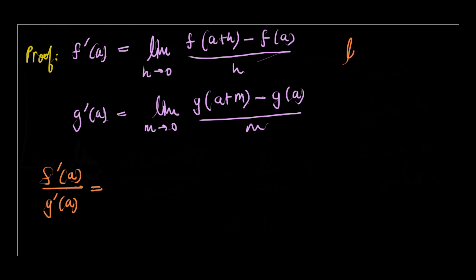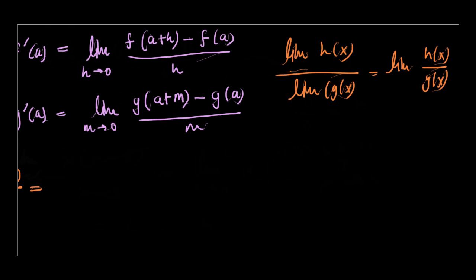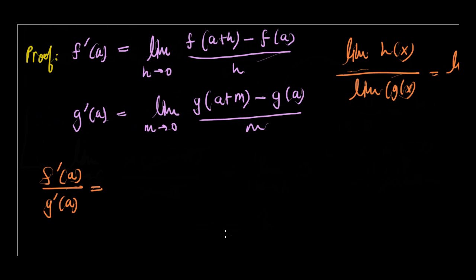I mean, if I have the limit of something, f of x, divided by the limit of g of x, then this is the same thing as taking the limit of f of x divided by g of x. Okay, so using that, I can say that this becomes the limit.